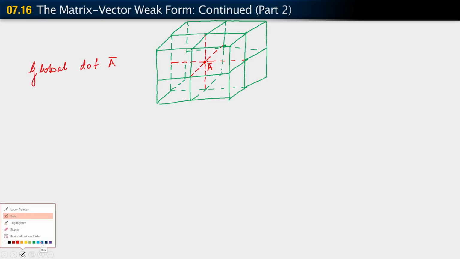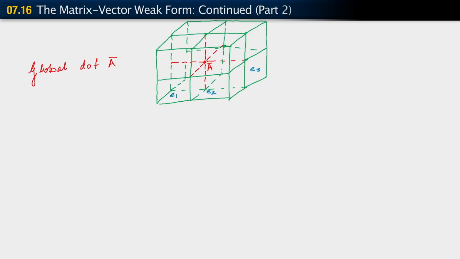Let's label the elements to which it belongs as the element that is sort of in front, bottom, and to the left is E1. The one next to it is E2. The one behind it is E3. And the one all the way in the back is E4. I'm not going to try to label it.